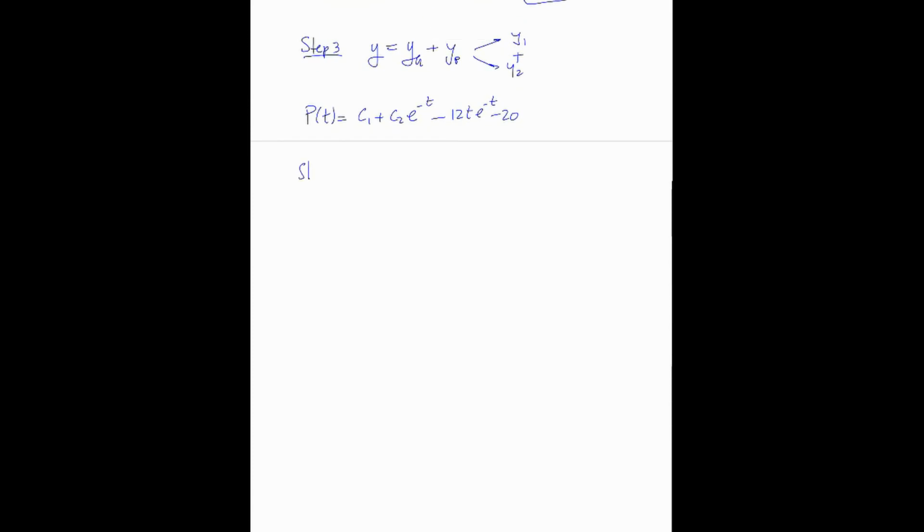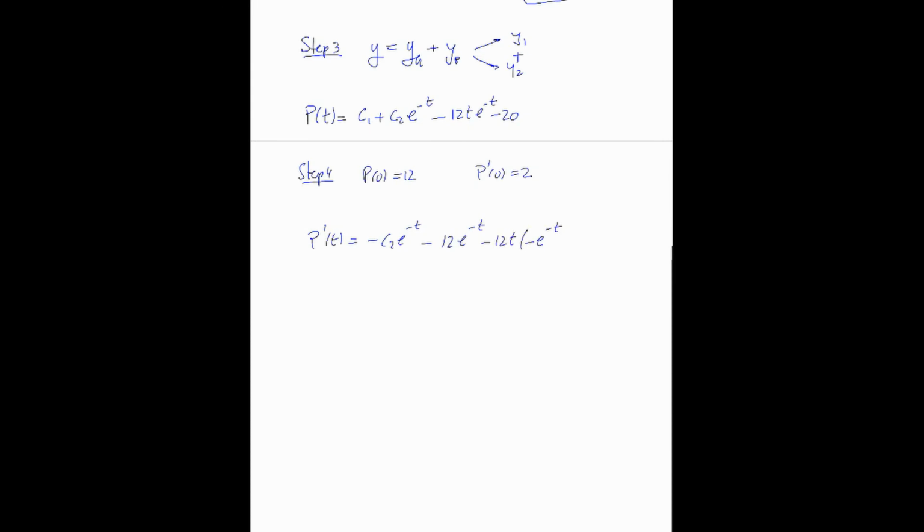Step 4 requires us to use the initial conditions to solve the problem. The initial conditions for this problem are simply p of 0 equals 12 and p prime of 0 equals 2. What do we have? P of t is written up here, so we compute p prime of t, which from this formula is the derivative of c1, 0, plus c2 e to the minus t with a minus, minus the derivative of 12t times e to the minus t, minus 12t e to the minus t.